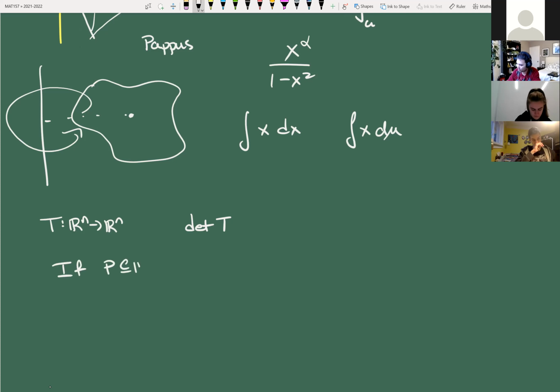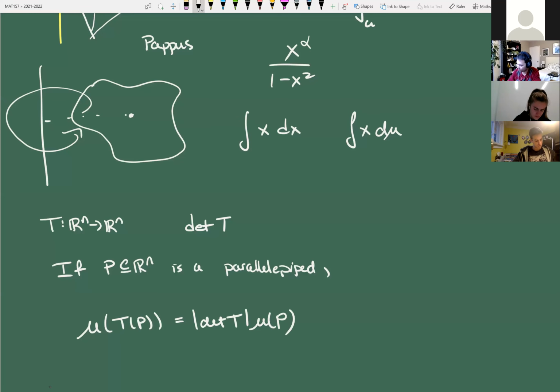So if P in Rn is a parallelepiped, and I'm going to misspell this because of course I will, then basically the measure of TP, i.e. its volume, is the determinant of T times the measure of P, right? So the determinant tells you precisely how the volume of the parallelepiped is changing.